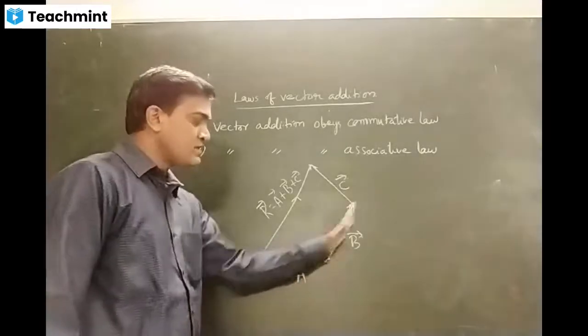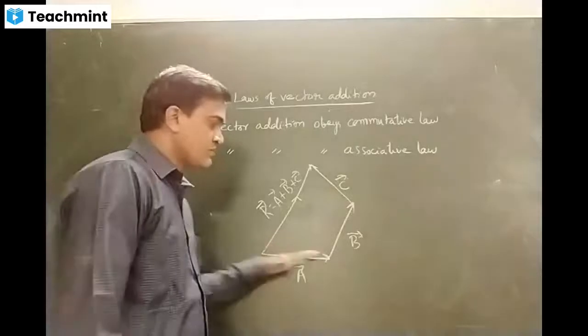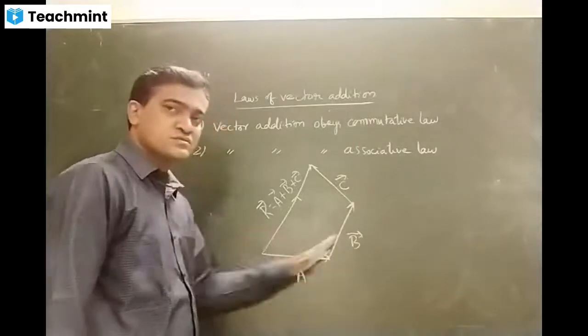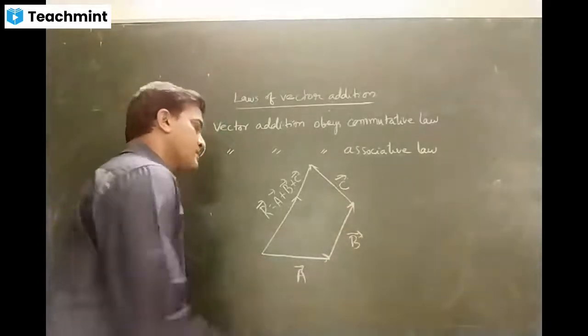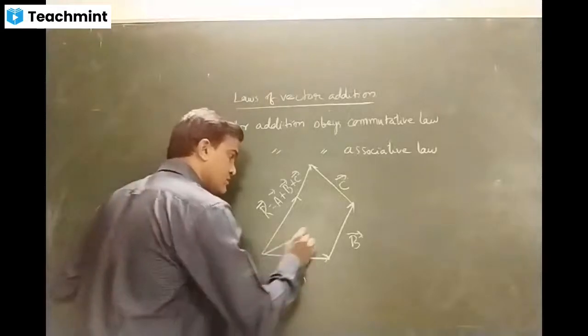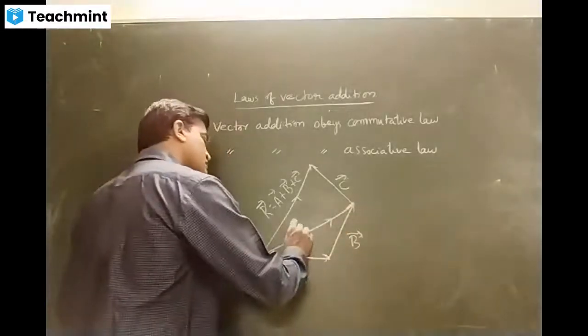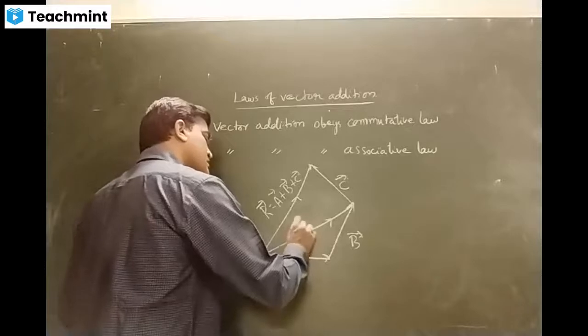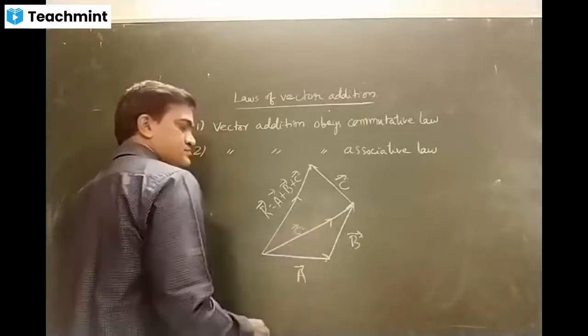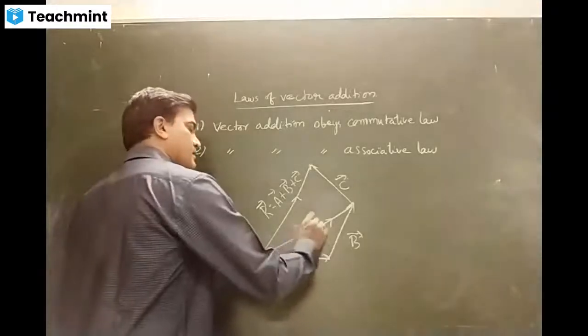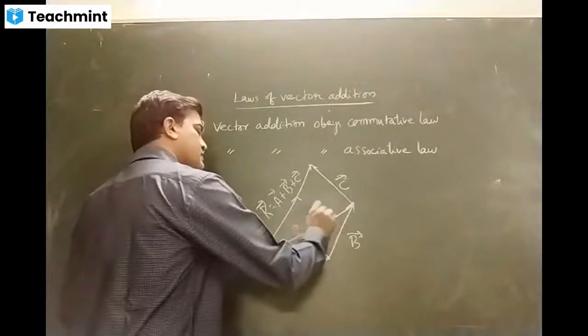If I add only these two vectors, from the tail of the A vector to the head of the B vector, let me take this resultant as P bar. P bar is equal to A bar plus B bar. Is it not?